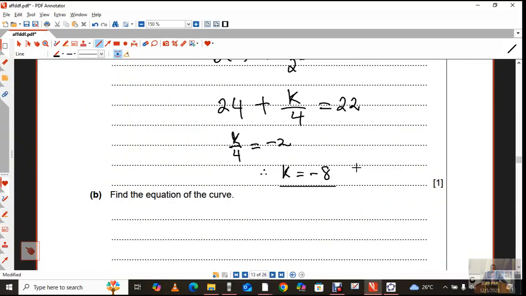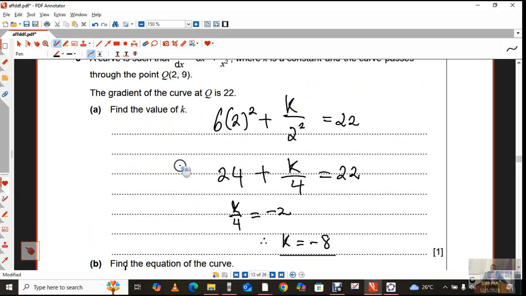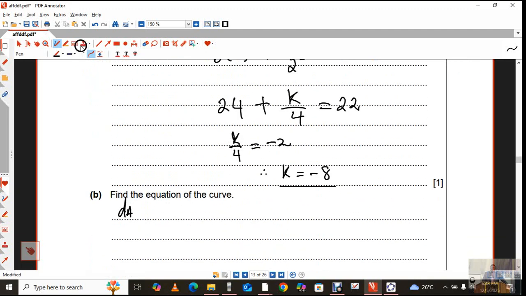Okay. So I'm just going to write the gradient that is given to me. I'm going to write the gradient here, the gradient dy/dx. The gradient function dy/dx is 6x squared. Now remember k is negative 8 now, right?